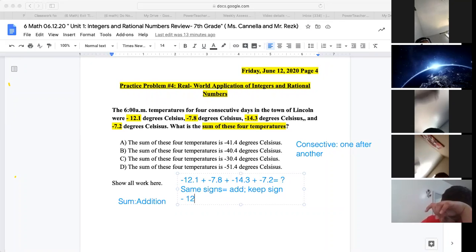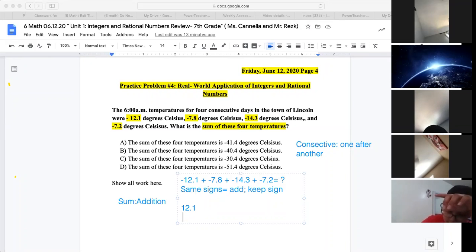I'm going to add 12.1. So I'm just going to take the negative away for a second. Let me just move this bar up here so I have more space. All right. So we're going to add 12.1. We're going to line up our decimals to 7.8.